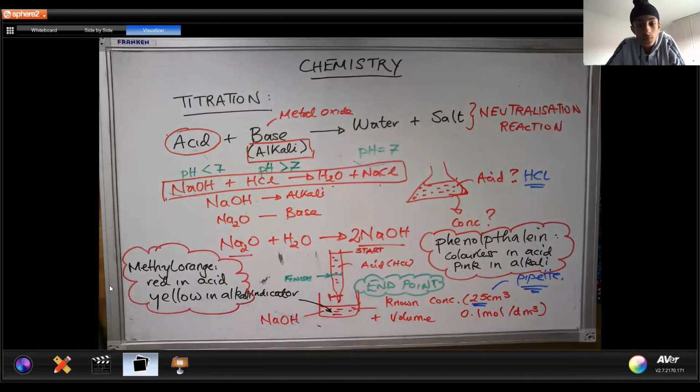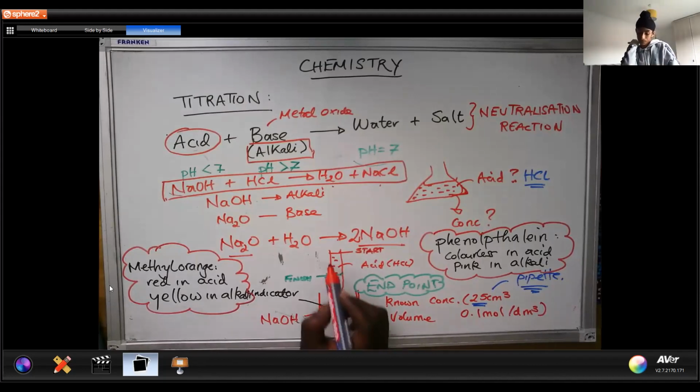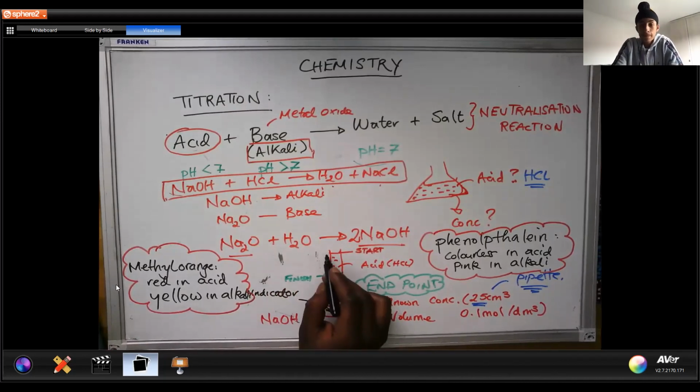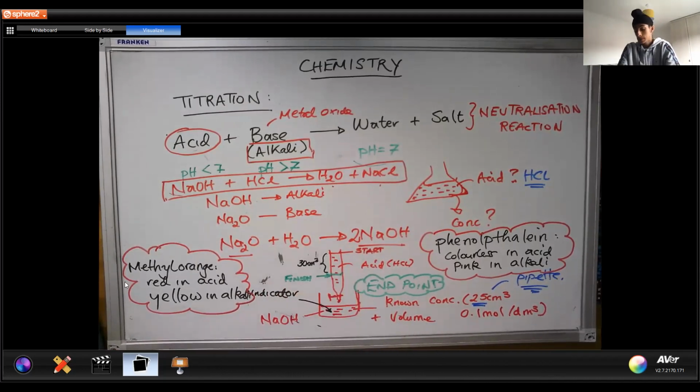Now let's imagine, for argument's sake, that I used 30 centimeter cubed. So far, you're following me? I got to the end point, the phenolphthalein went from pink to colorless, and I knew, right, stop there.